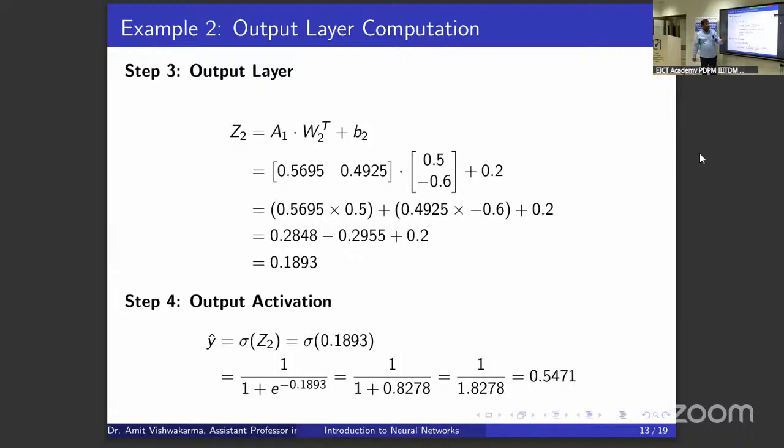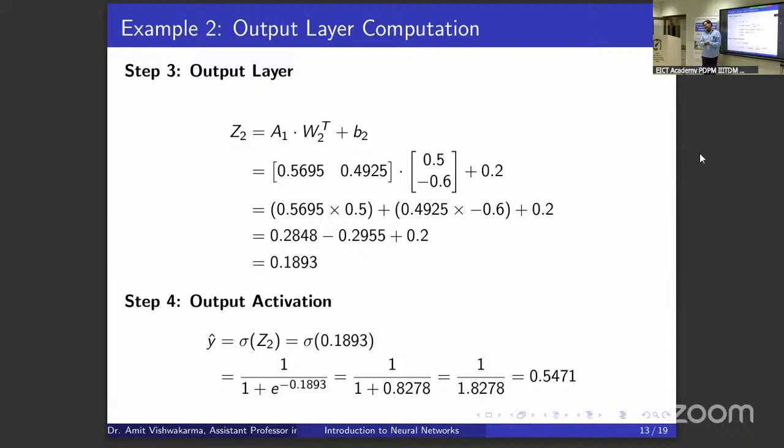Now, the expression is clear first of all. If any doubt, you can ask. W2 is the weights multiplied by X. Now, X is basically the output of the hidden layer, so that's why we are saying A1.